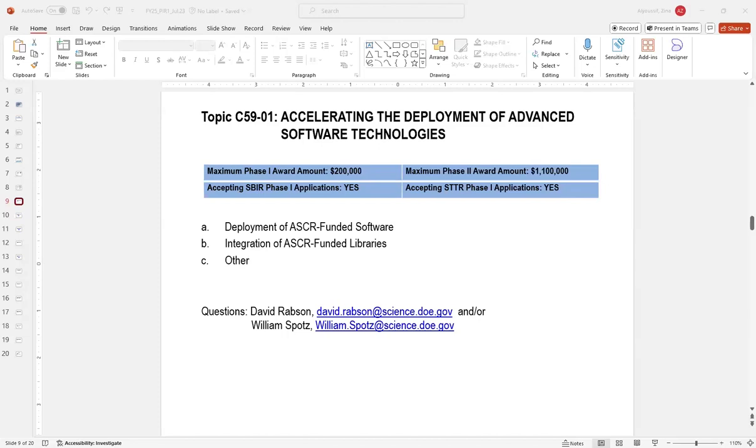And if you can think of something that isn't covered by subtopic A or B, but still depends critically on ASCR-funded software, then that would be the other subtopic.